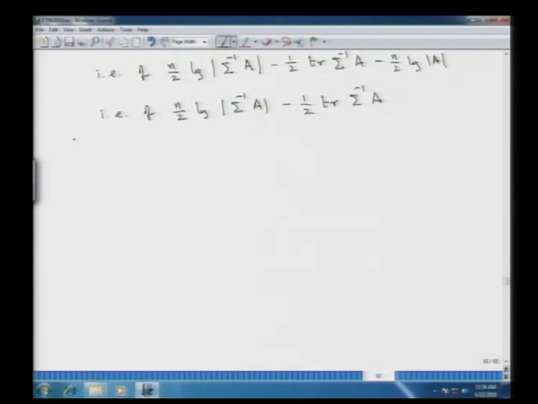Now, let lambda j denote the eigenvalues of this matrix sigma inverse A. Of course, what is the dimension of this sigma inverse A? Sigma was coming from the p dimensional multivariate normal distribution.